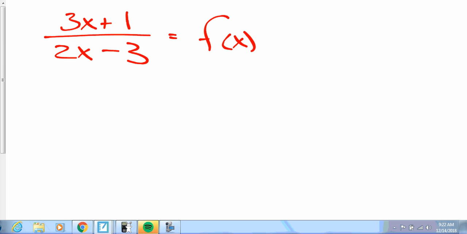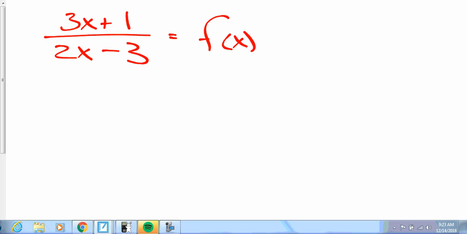Let me ask you this. What is the domain of that? Right? Why not? Makes what 0? My function can be 0, right?